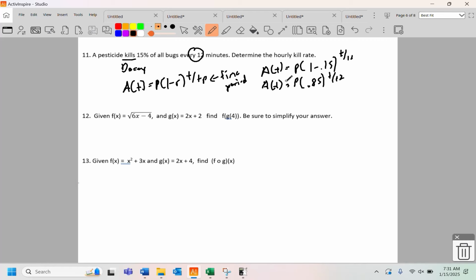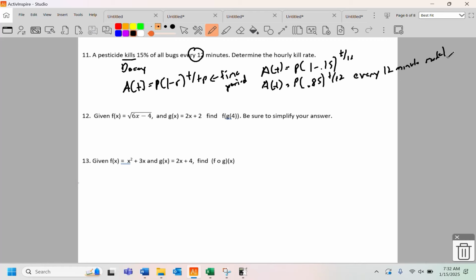So this is an every 12-minute model. I want the hourly kill rate, not the every 12-minute kill rate.